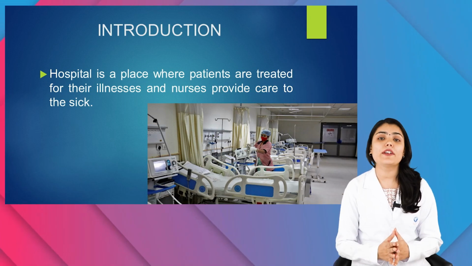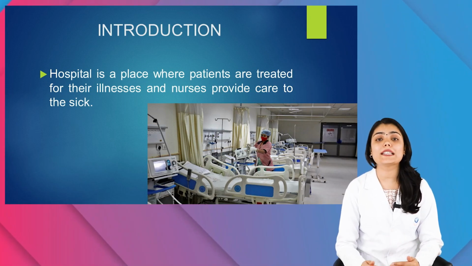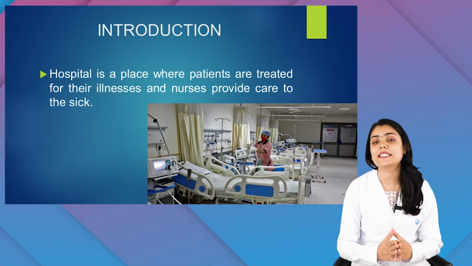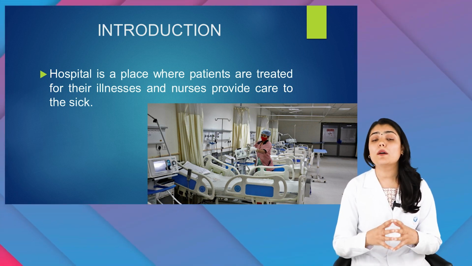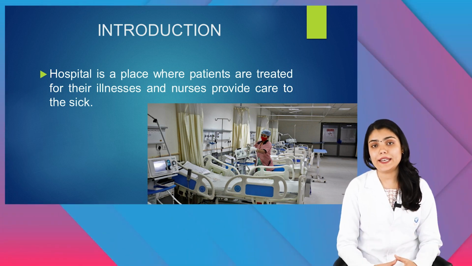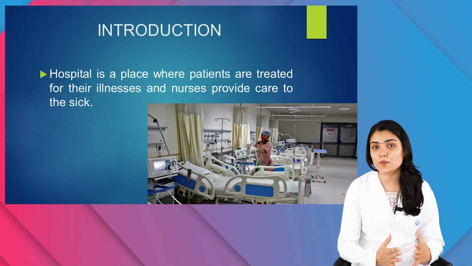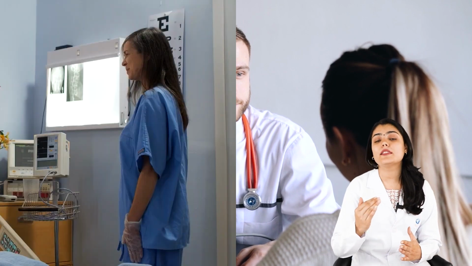To say in a very simple term, a hospital is a place where ill or sick people are provided care. So when a person develops an illness, any individual, they go to the hospital. The hospital is a place where an individual with a certain illness is treated. The care is provided to the individual by the nurses.